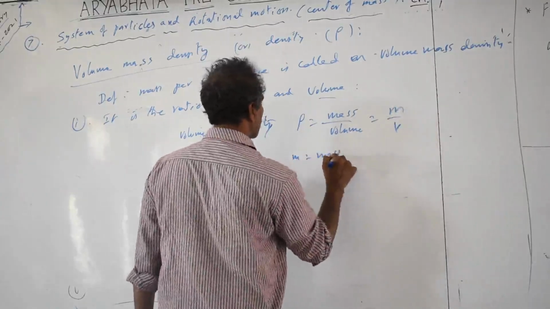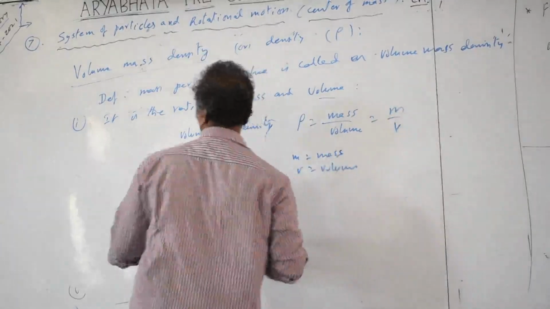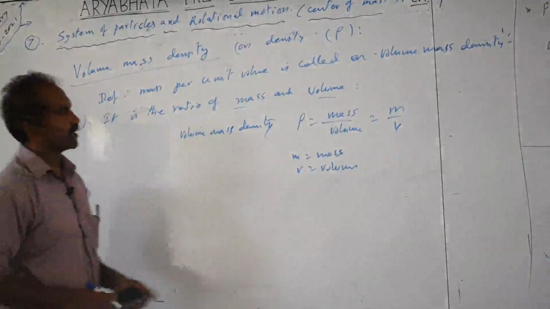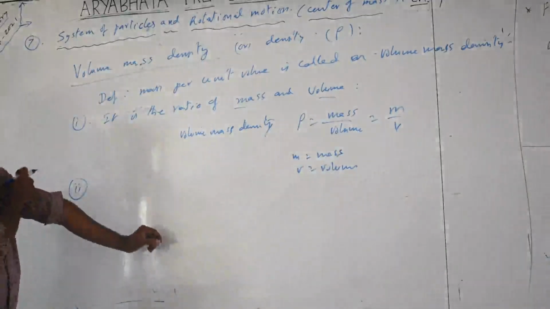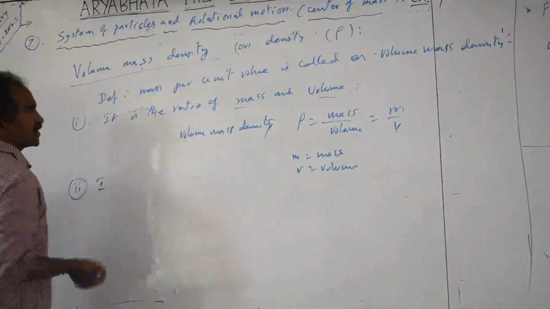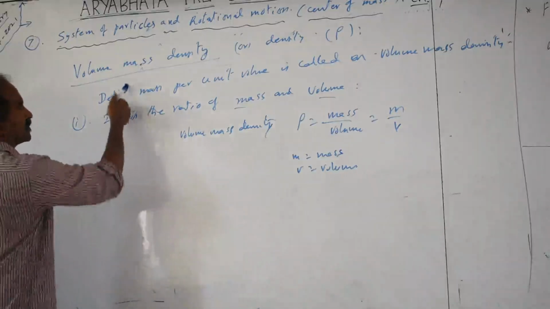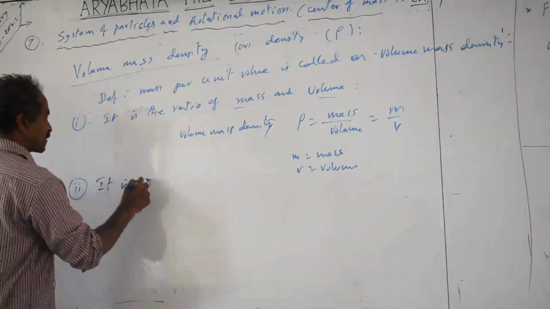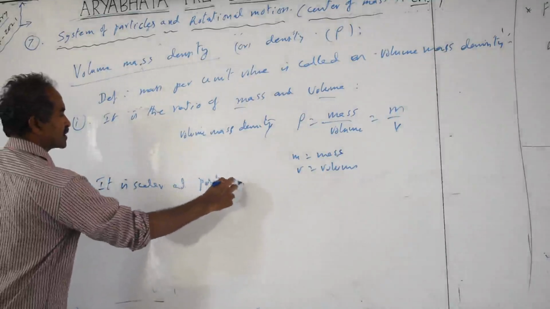M is mass and v is volume. And units we can take kg per cubic meter. It is a scalar and always positive. All these three quantities, linear mass density, areal mass density, volume mass density, all are scalars and always positive.